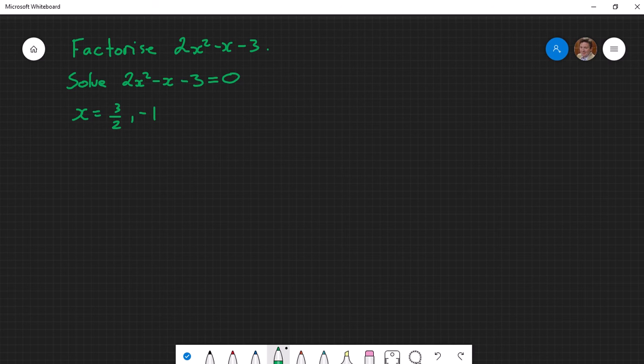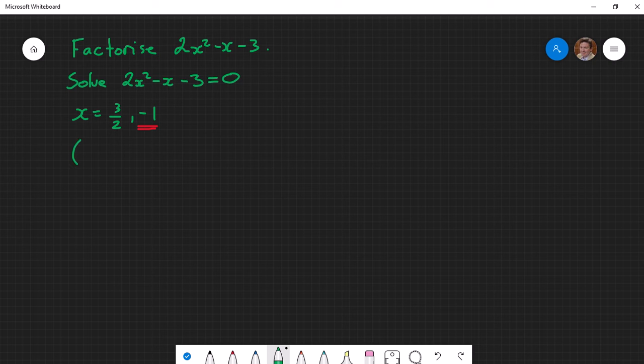Okay, so we're talking about factorizing, not about solving. So what we can do is work backwards from the solutions to find the brackets. The easy one is x is minus 1, that's just an integer.